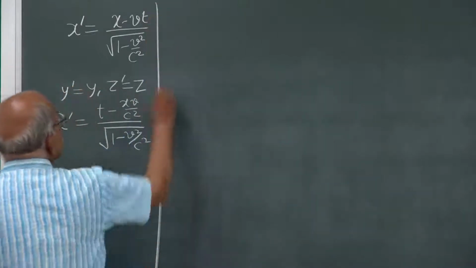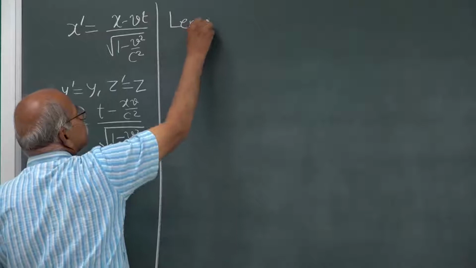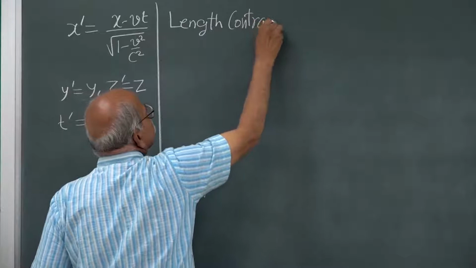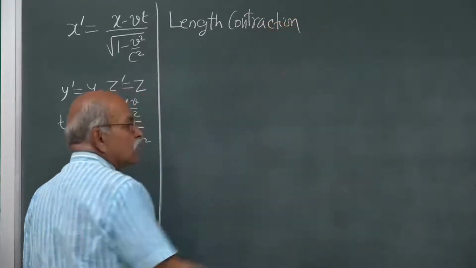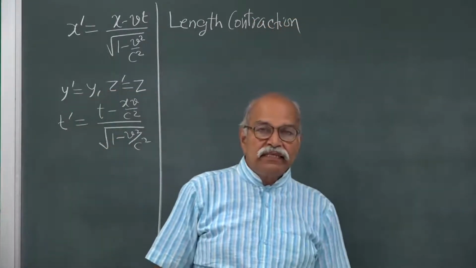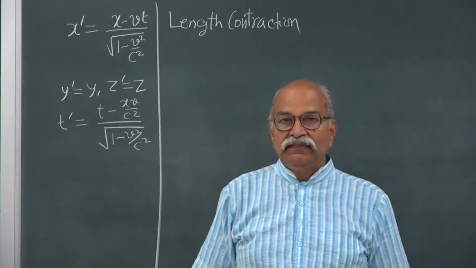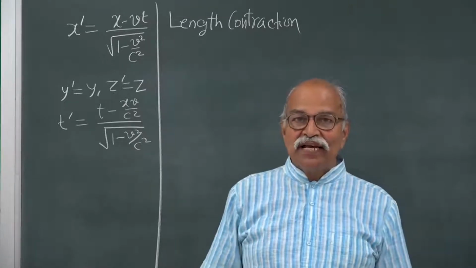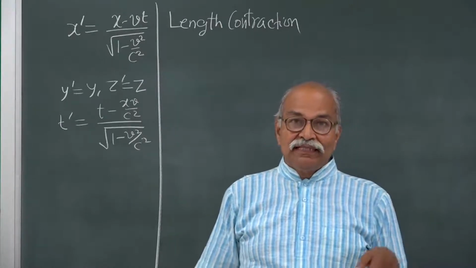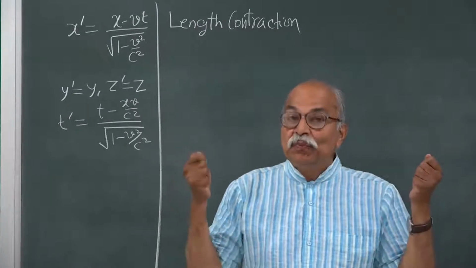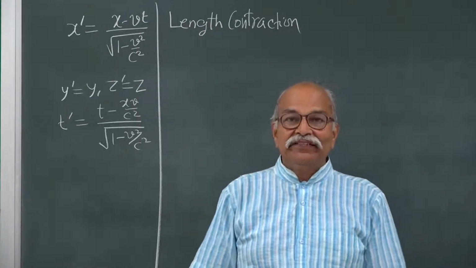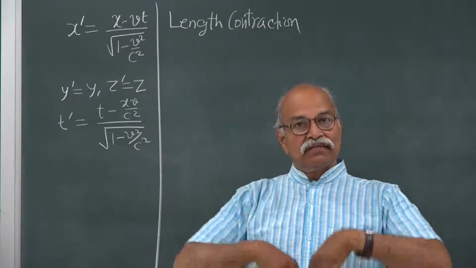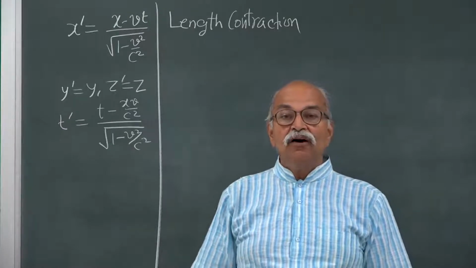So, if I have to measure the length of a rod or a table or any material object, or the distance between two points, that is also a length. So, if I have to measure a length of a material object or just in space itself, how do I do that?